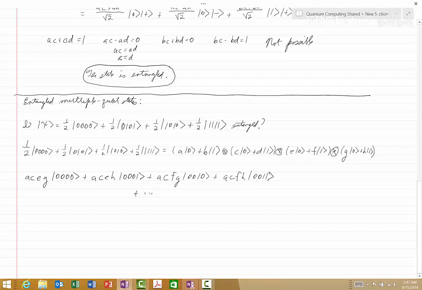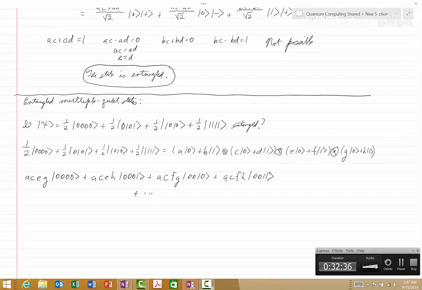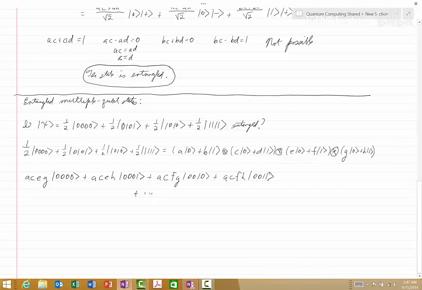But what we can say is the following. ACEG must be equal to 1/2.